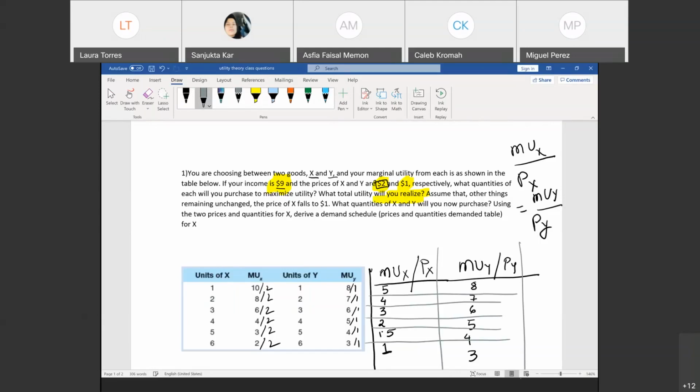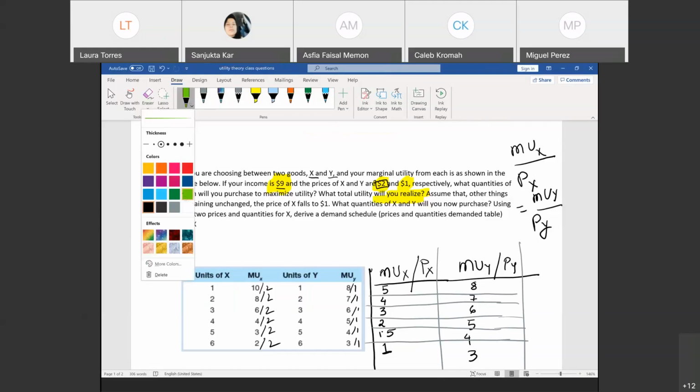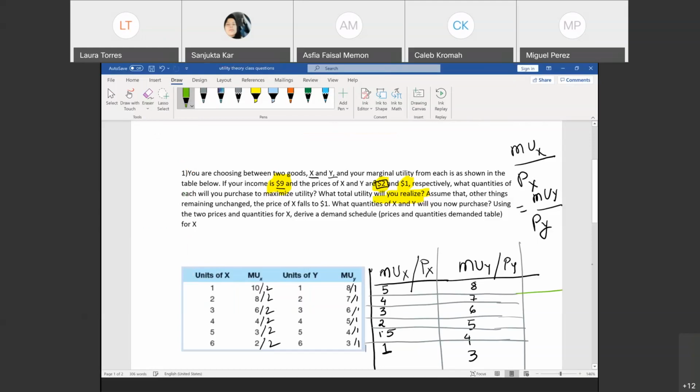Now, let's compare. Let's compare 5 and 8. Looks like MUY over PY is greater than MUX over PX.